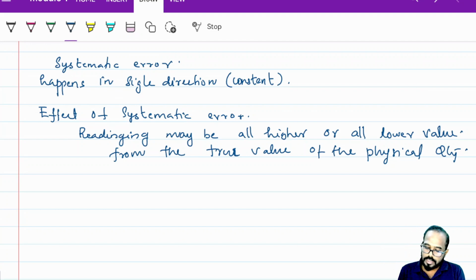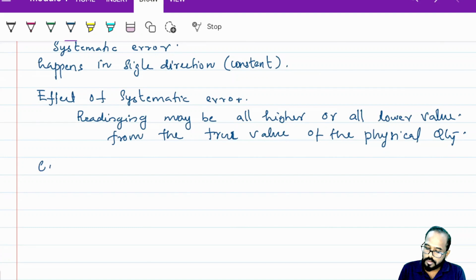Okay, what is the cause? The cause may be a faulty instrument. For example, if you are finding the time period of a simple pendulum using a stopwatch, for a complete oscillation it takes 2 seconds. The actual value is 2 seconds, but there is an error in the instrument which shows 3.